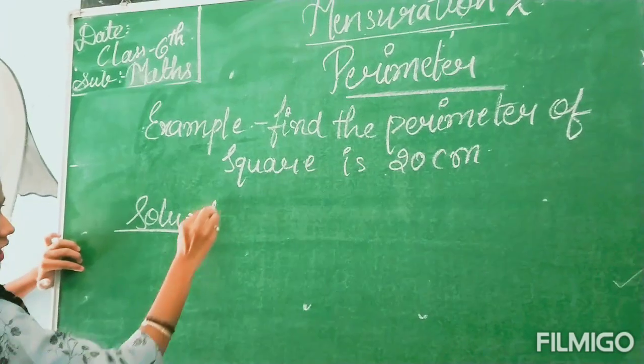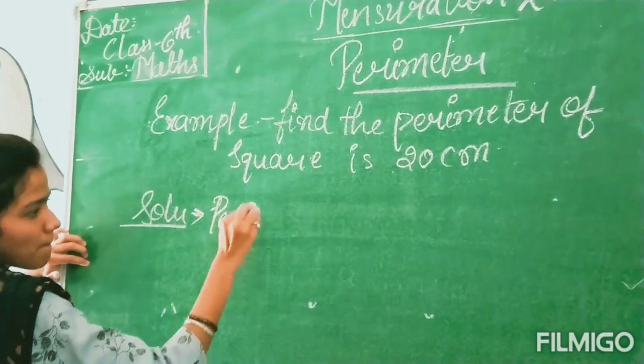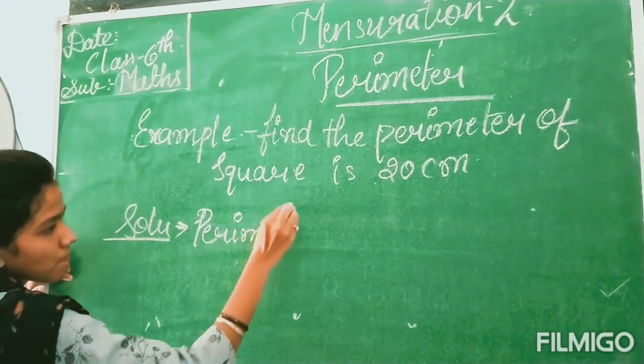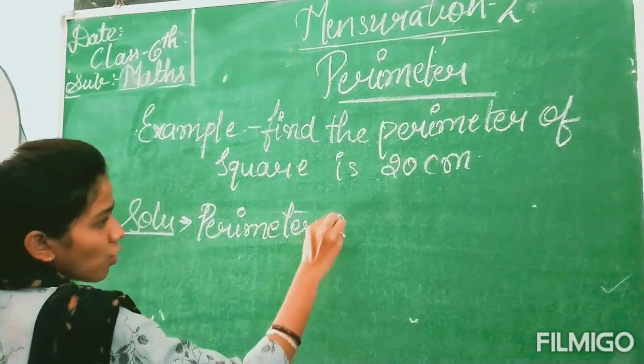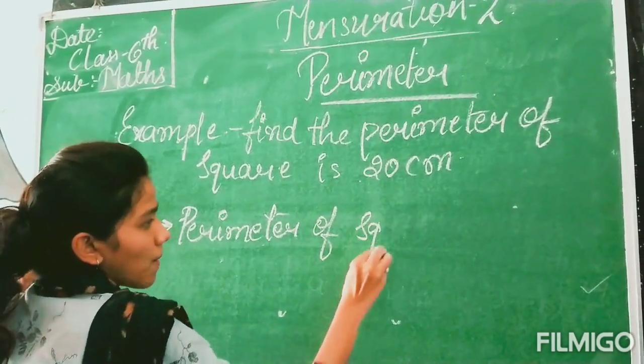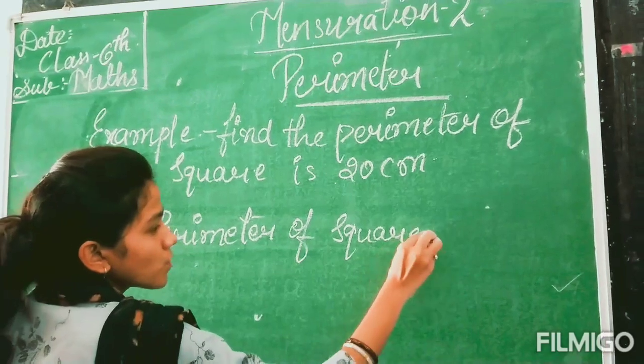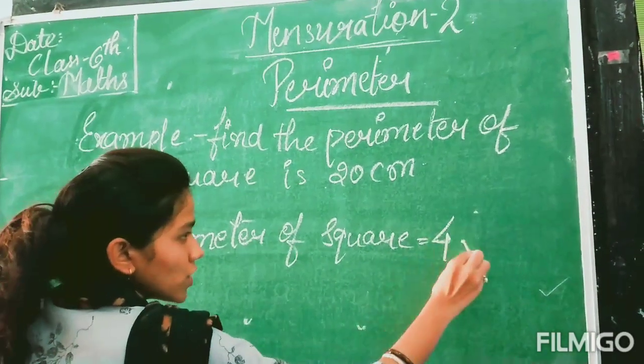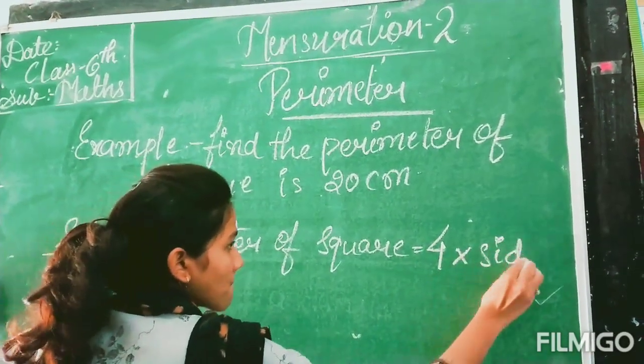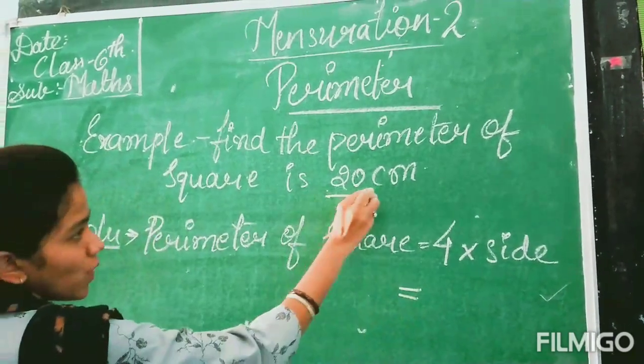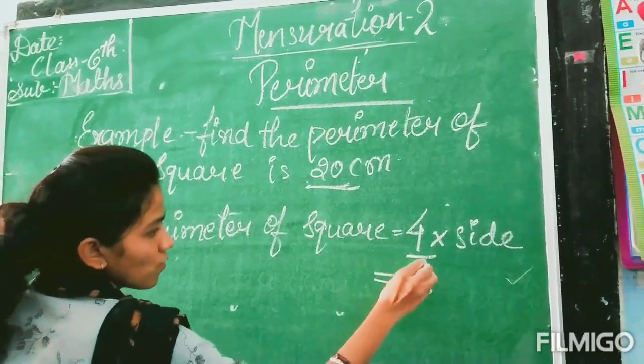Formula: perimeter of square. What is the formula? 4 into side. You can multiply 20 into 4.